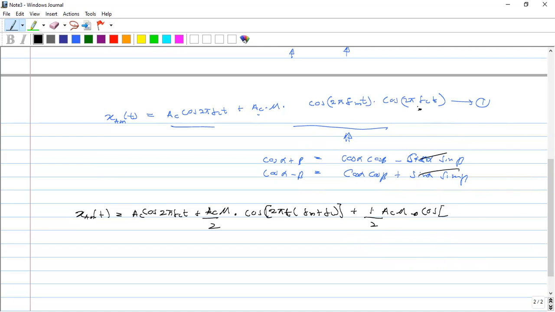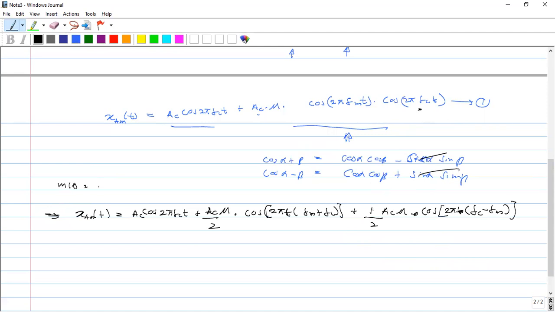So I take 2πt out as usual, because it is a common factor, and I have fc minus fm.